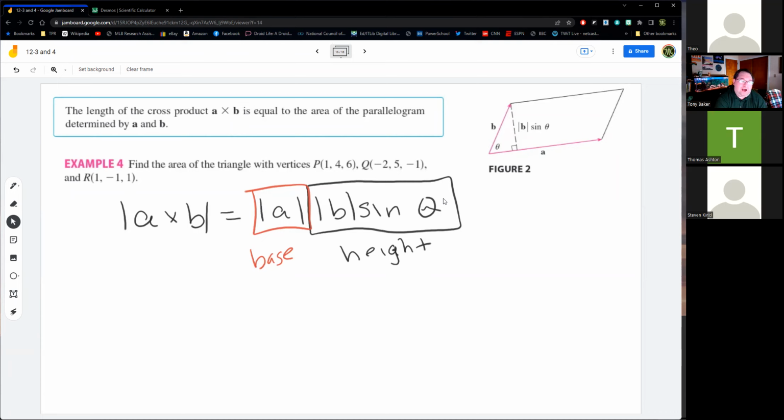Now, in two-dimensional space, finding that isn't that difficult to do without vectors. But when we start to deal with three-dimensional space, it becomes a little more complicated. So the cross product will help us with that. We're going to do the exact same points I just did in my last problem.